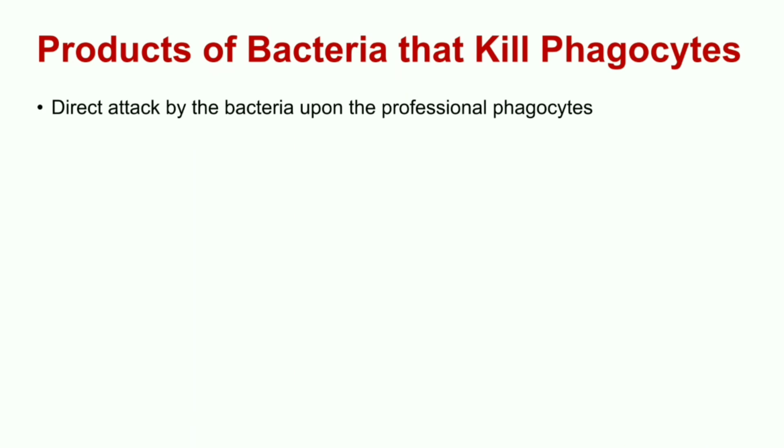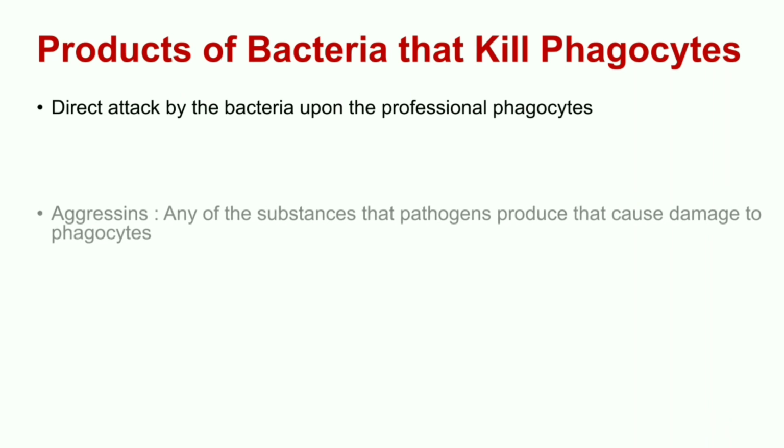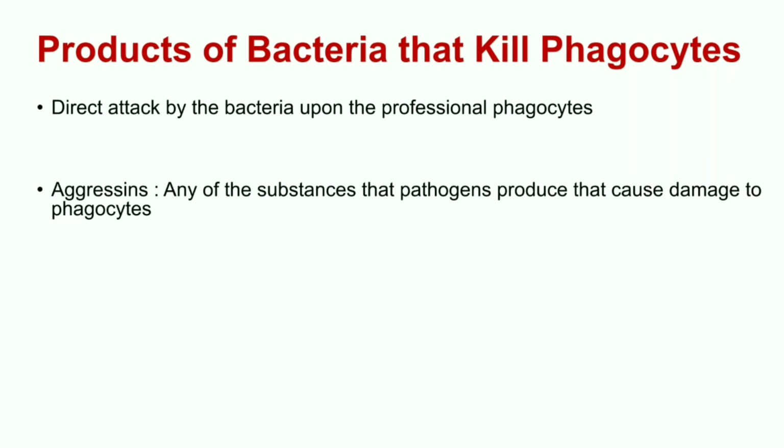Many bacterial products have the ability to kill the phagocytes. Direct attack by the bacteria upon professional phagocytes is one very obvious strategy. Aggressins are substances which are produced by pathogens and can cause damage to the phagocytes.